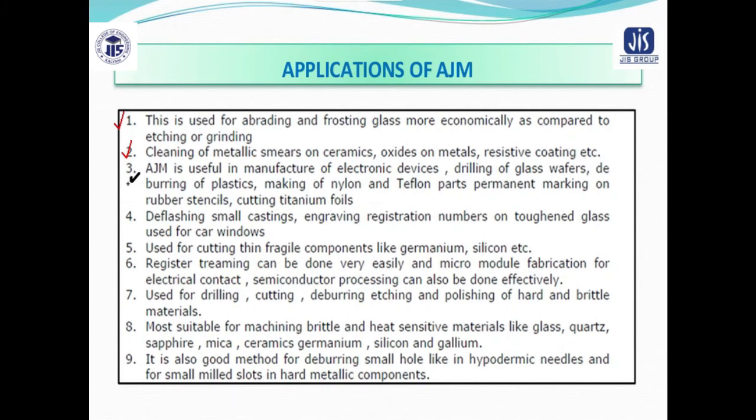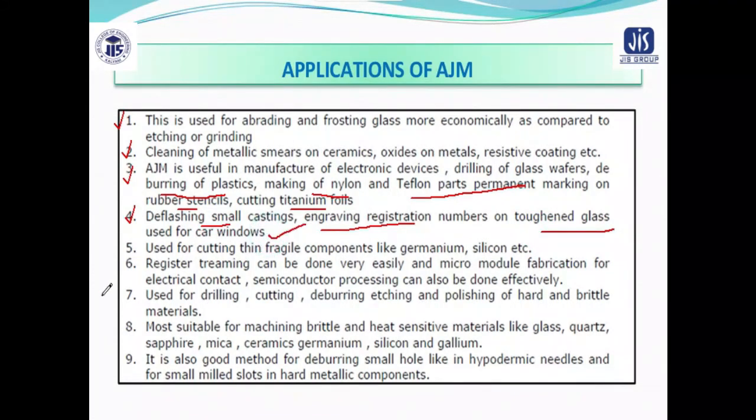Thirdly, AJM is useful in manufacture of electronic devices, drilling of glass wafers, then deburring of plastic, making of nylon and Teflon parts, permanent marking on rubbers and cutting titanium foils. Next is deflashing small castings, engraving resistance numbers on tough glass used for car windows.